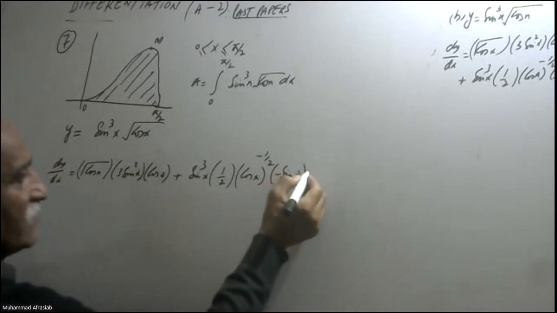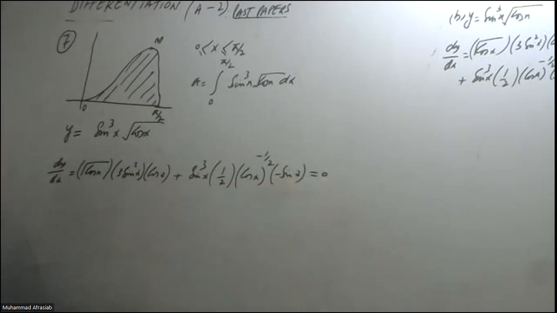And that thing is equal to 0 because M is the stationary point or the maximum point of this curve there.